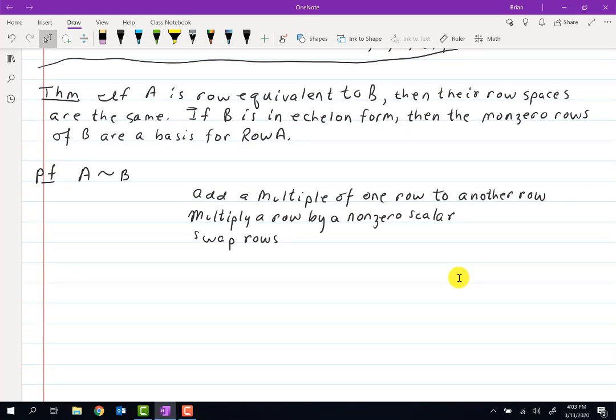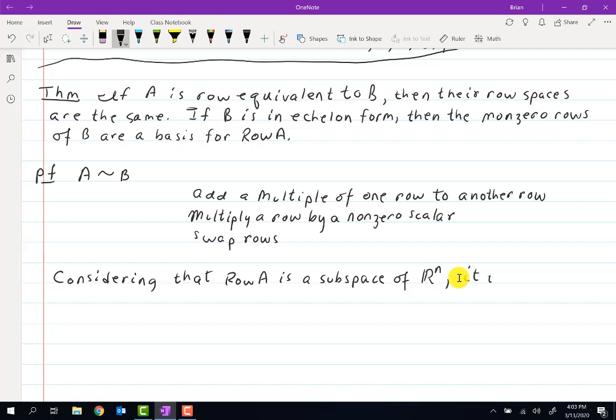So with that in mind, consider that row A is a subspace of some R^n. I don't know what the n is, but I know it's a subspace of that, all I care about is that it is a vector space.